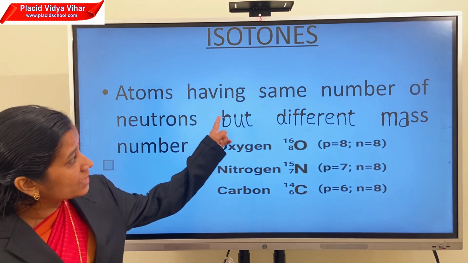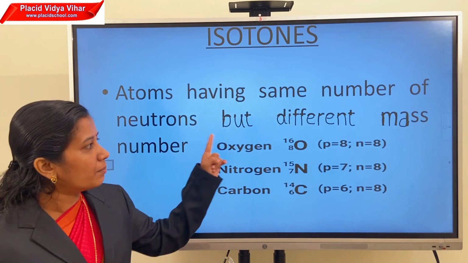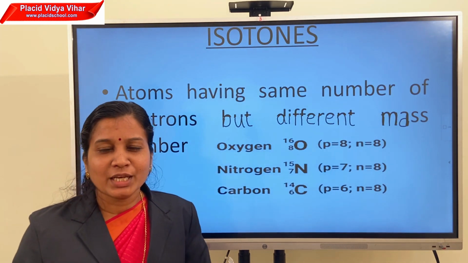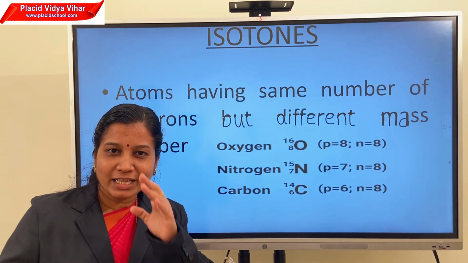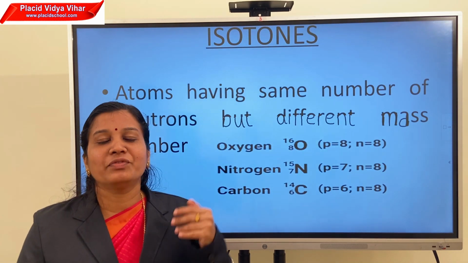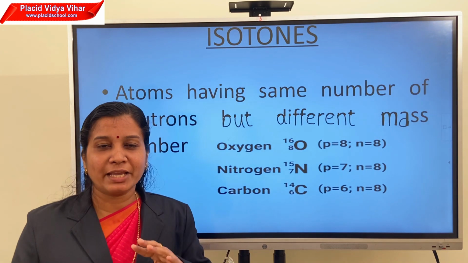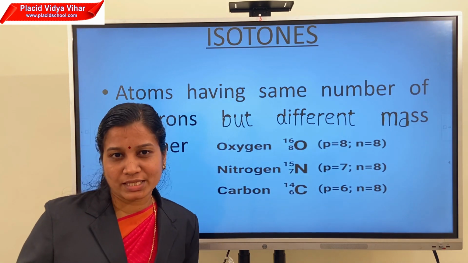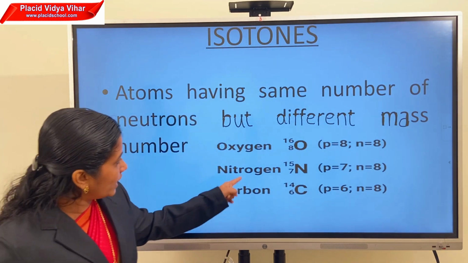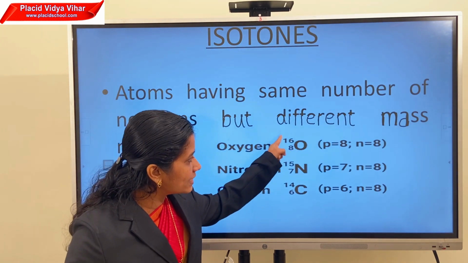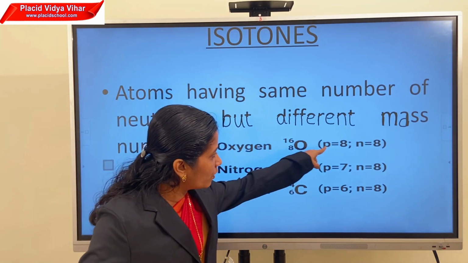Isotones, atoms having same number of neutrons but different mass number. So here you can see the different elements with the different atomic number, different mass number. But what is same there in case of isotones? Same number of neutrons. So here you can see the examples. Oxygen 8-16. The number of proton is 8.